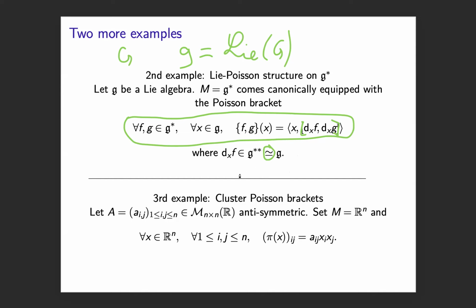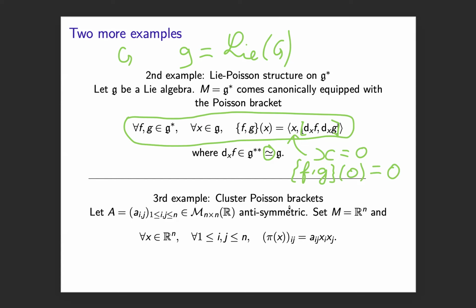The second comment is that you see that in this formula, if you set x equals 0, then the bracket of f with g at 0 will vanish for any functions f and g.